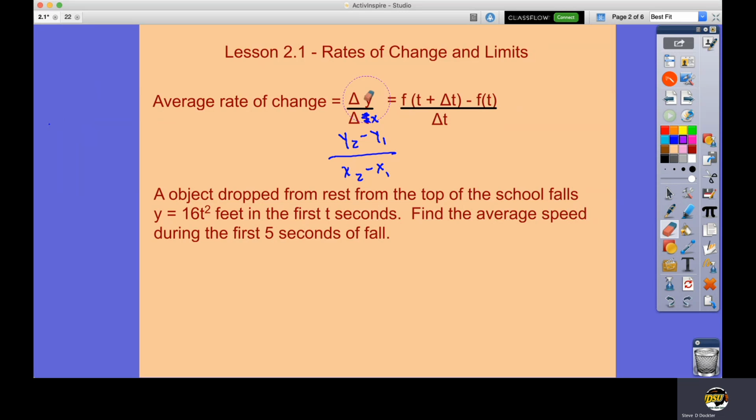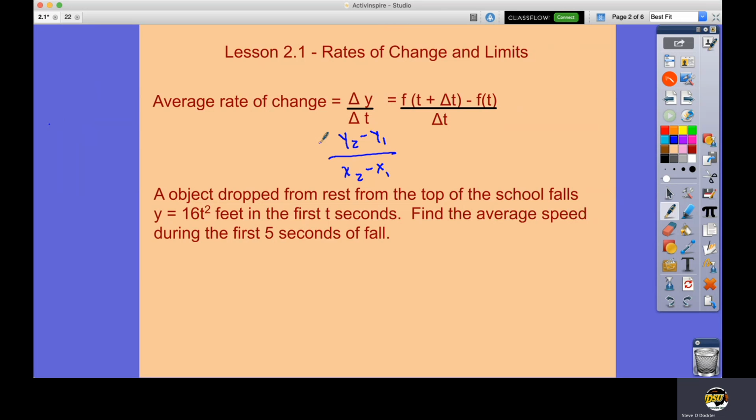So whenever you see average rate of change, you should be thinking some kind of slope, okay? And the only reason I say that is because you guys already understand slope. So that's all this average rate of change formula is, it's just your slope equation. And that's going to be the case for the whole year.